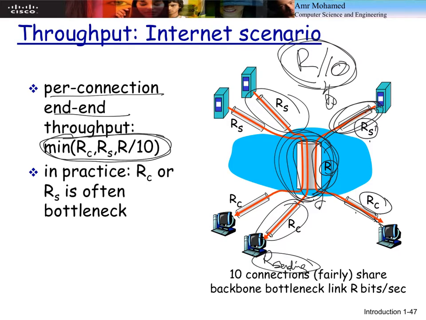So they are sending with a rate which is maximum. If all of them have data to send, not necessarily in a synchronized way, and they send with a rate which is provided to them by the access network and by the core network, they are trying to utilize whatever rate is provided to them. But they always have data to send.